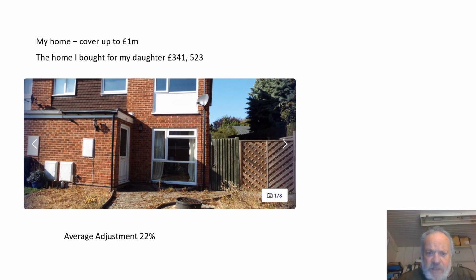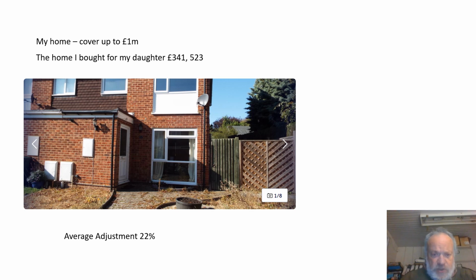Now, I did deal with a case a couple of years ago. I had not done the original valuation. The owners bought it about 10 years ago, and the way they did their BCIS calculation was they used fair, not good, and so they were on lower rates per metre squared, and then they had a loss.